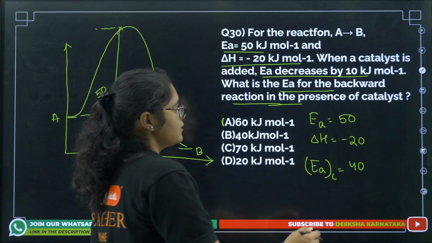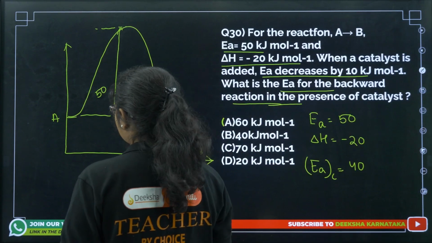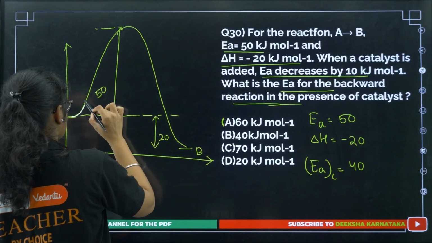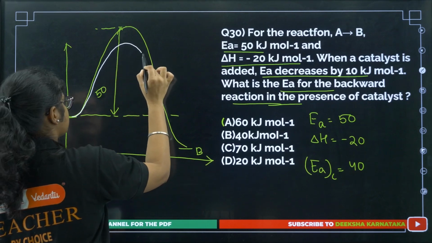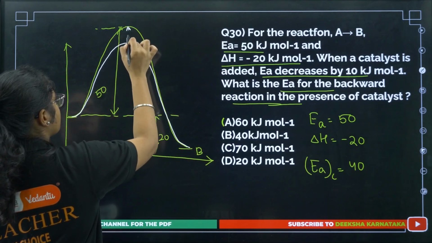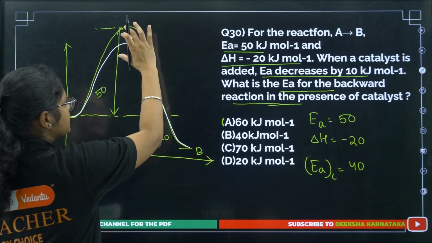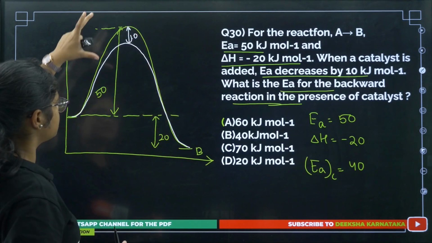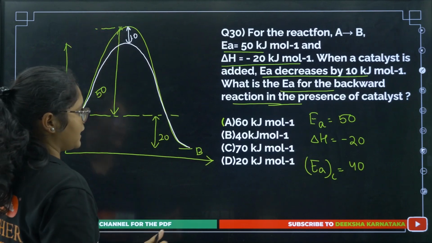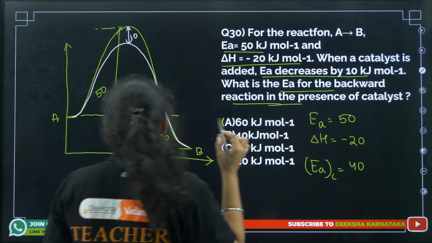Now what has happened when we use the catalyst? After using the catalyst, the activation energy has decreased. How much has it decreased? By 10 kilojoule. The total was 50 and the decrease is 10, so how much is this value now?